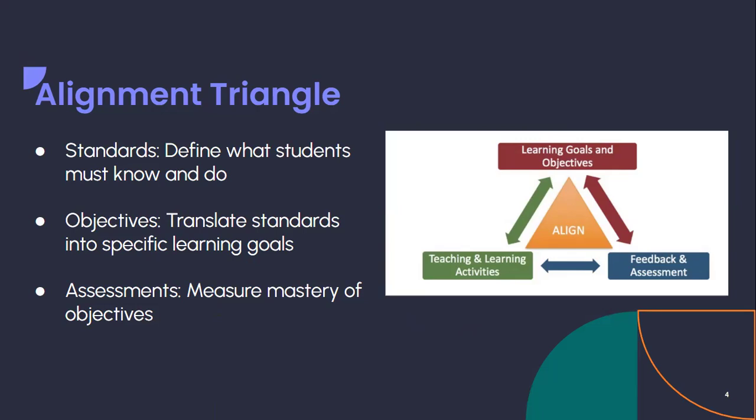So notice how if we look at the blue, that's feedback and assessment. If these are not aligned, then we know that we need to go back into the teaching and learning activities and make adjustments. So that's called responsive instruction. And that's in the green. And so ideally what we would want to be doing is, what are those learning goals and objectives?